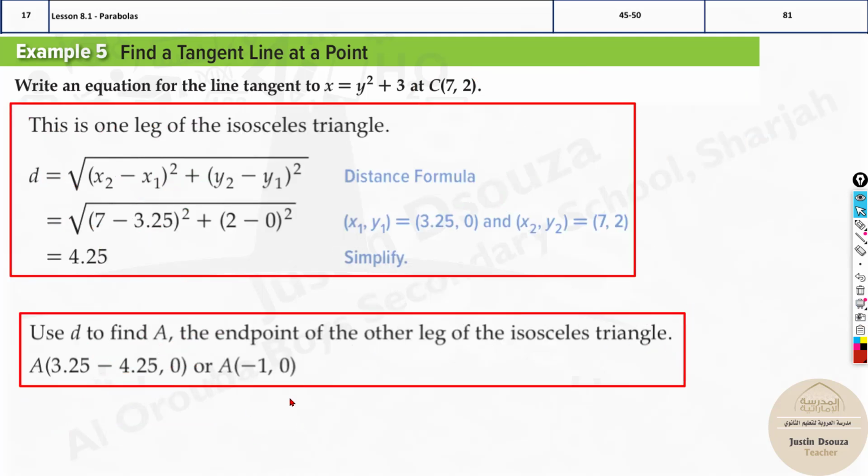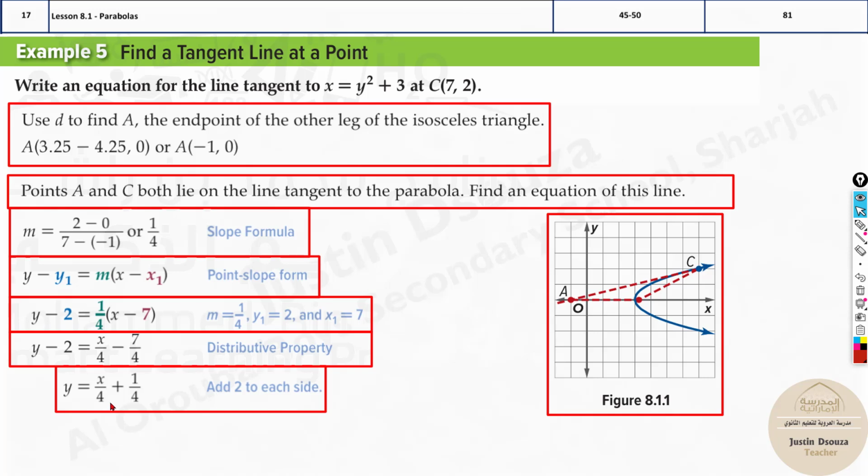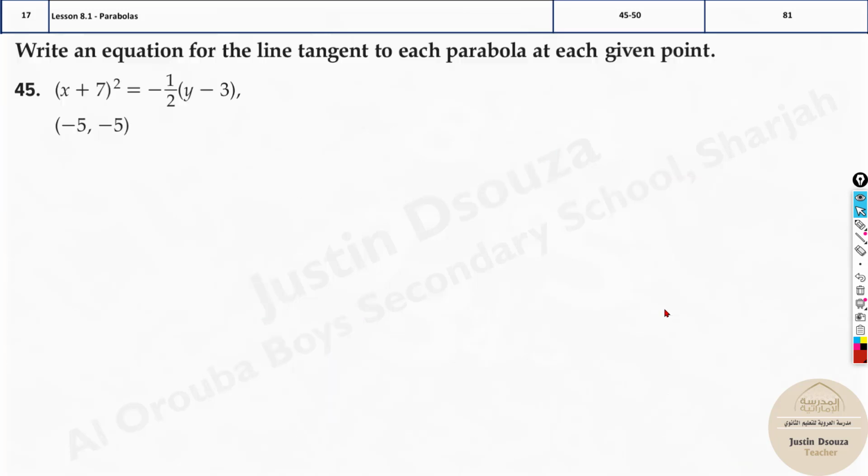See over here, this is how we found the next point, that was minus 1 comma 0, and then finally the equation of the line, that is 1/4 x plus 1/4. So here we find a and c, and then basically we find the tangent. When we have 2 points on the tangent line, we can easily get the equation. So that's how we solve this particular problem.